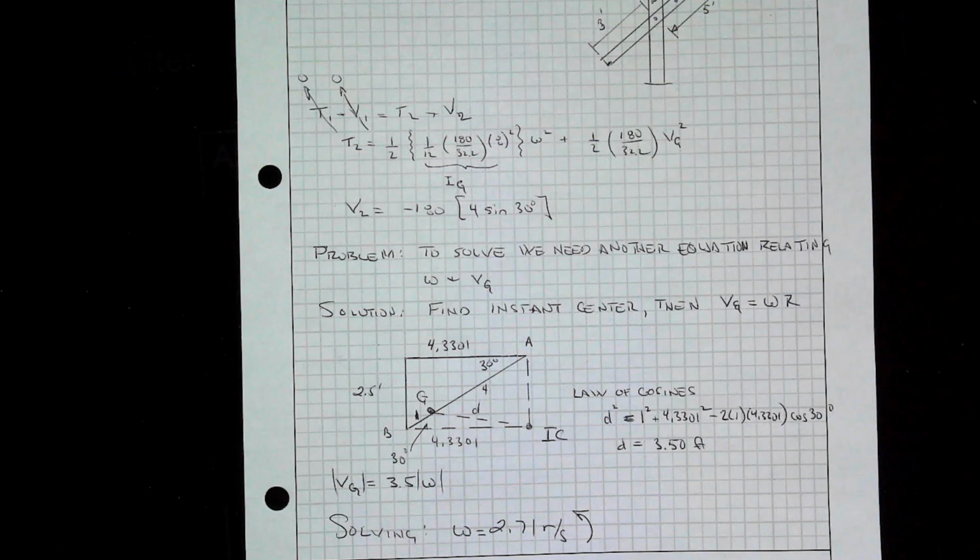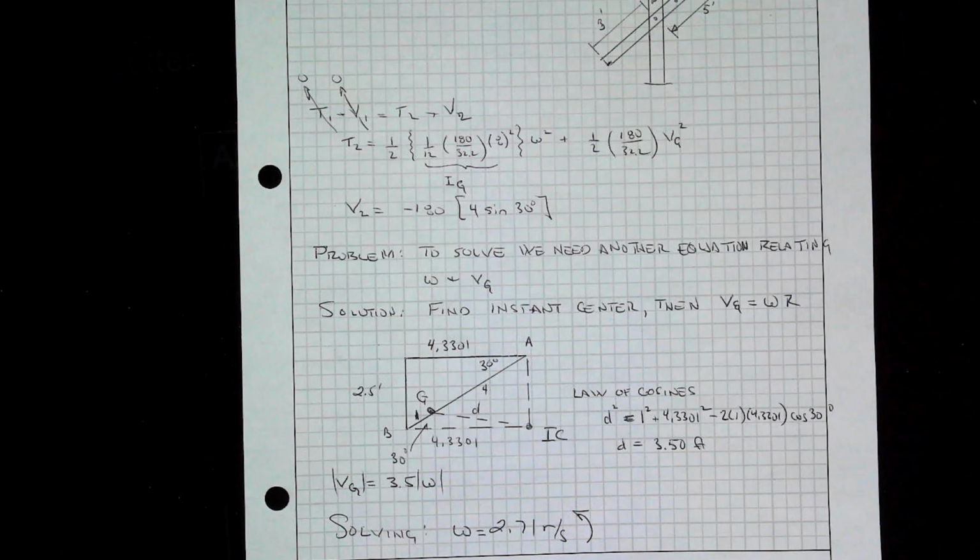This distance squared is this squared plus that squared minus 2 times that, and then times the cosine of the angle between them. If you need any help, go check your geometry text from the past. Check Eng 1082. You can go online and find all sorts of stuff about the law of cosines. It's a tool. The law of cosines, the law of sines are tools you need to have in your back pocket to use on a whim.